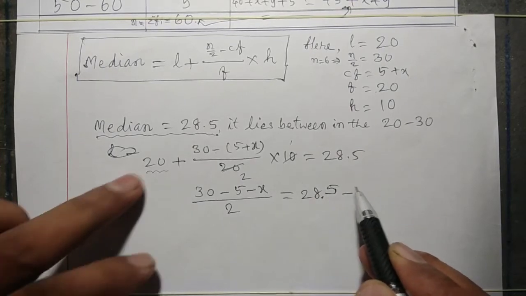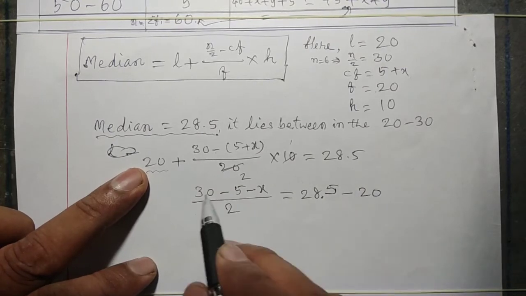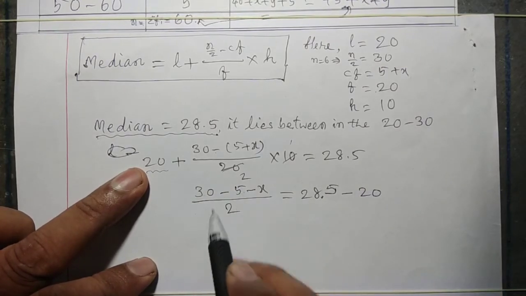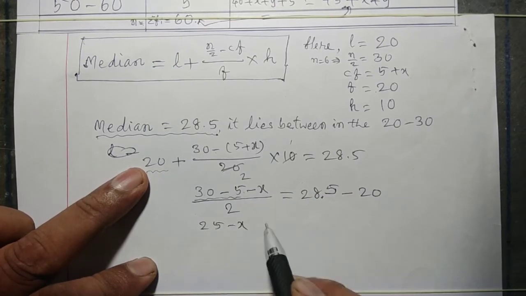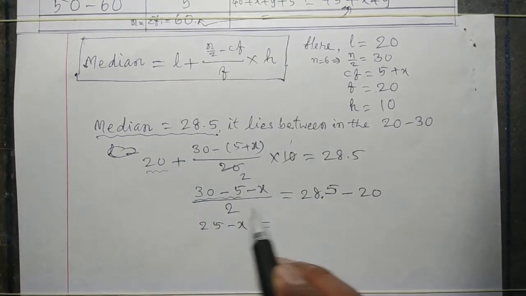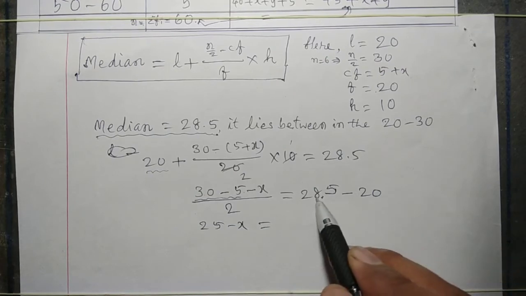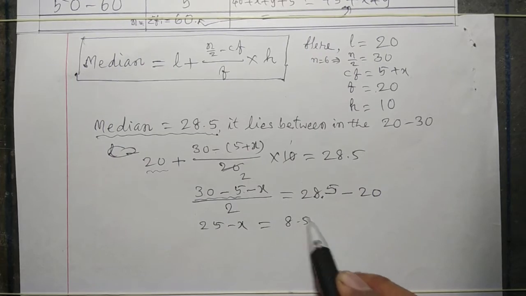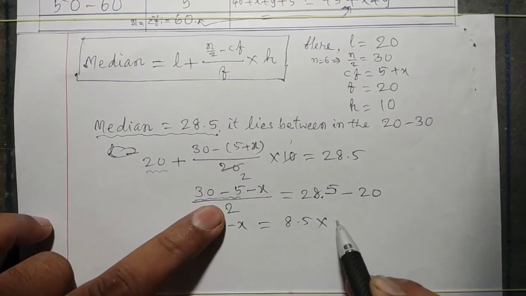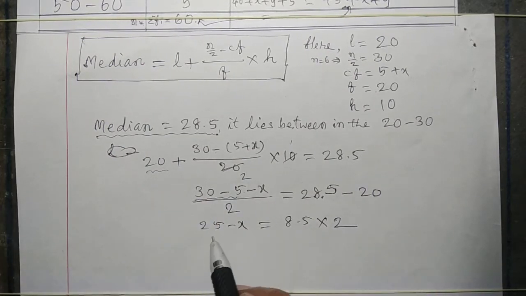28.5 minus 20. 30 minus 5 is 25 minus x. We have to transpose this 2 to the right side: 28.5 minus 20, division becomes multiplication.